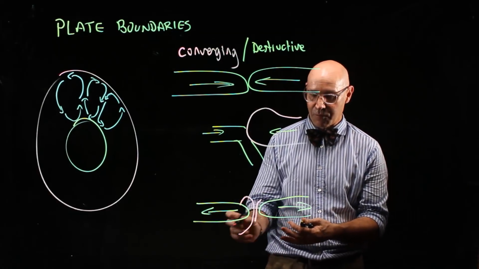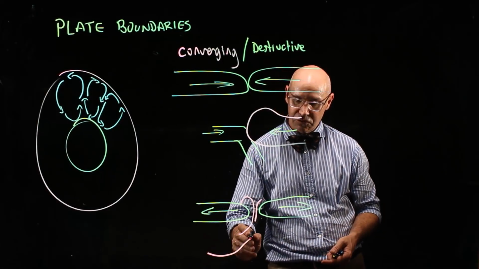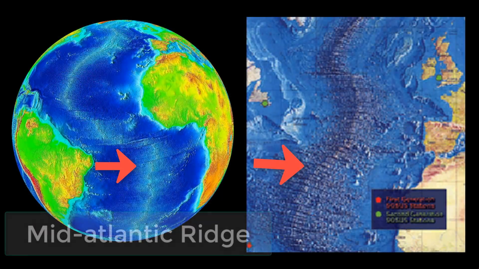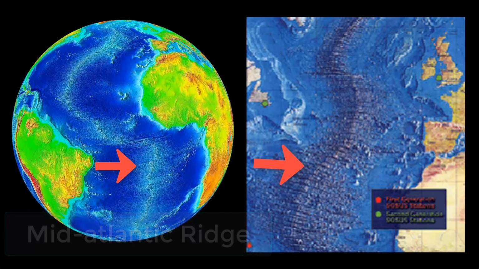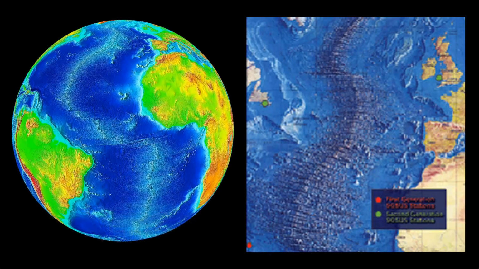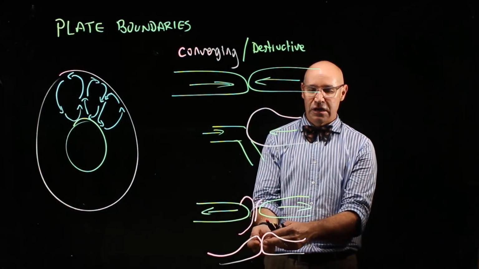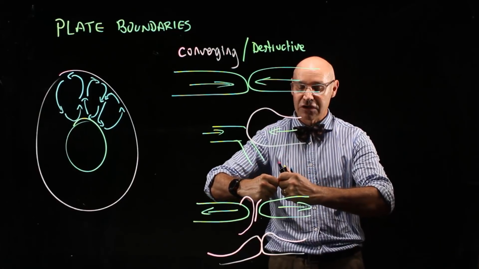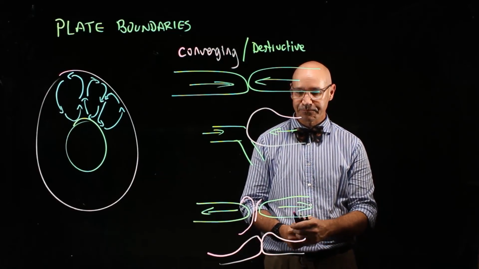So we end up with a ridge here, like the mid-Atlantic ridge that we see inside the ocean, where we've got this big ridge, a mountain range under the ocean, where new crust material is formed because the plates are moved apart.